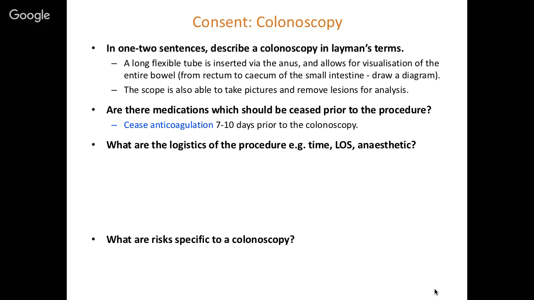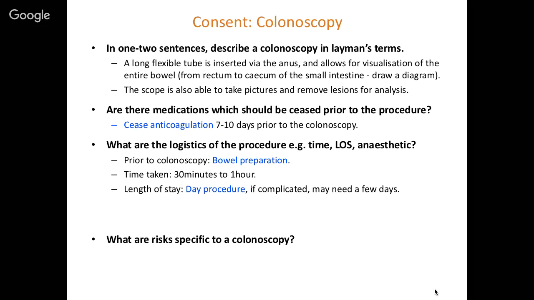Prior to the colonoscopy, what should someone do? Yes, fast and bowel prep. It's really important to mention that to them. It takes about 30 minutes to an hour. Length of stay, it should really only be a day procedure. If it becomes complicated, you might need a few extra days. And you generally don't need a general anaesthetic. It's generally light sedation with a bit of pain relief.